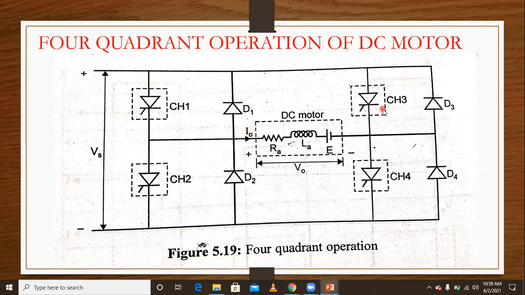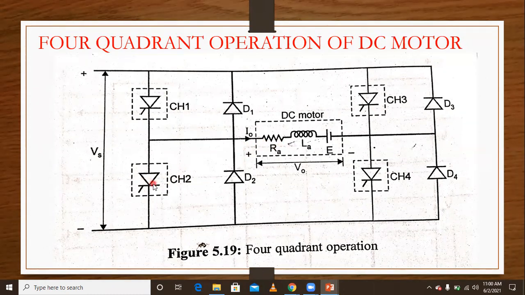With chopper CH2 on, there is reverse current flow through the inductor L. Understood?